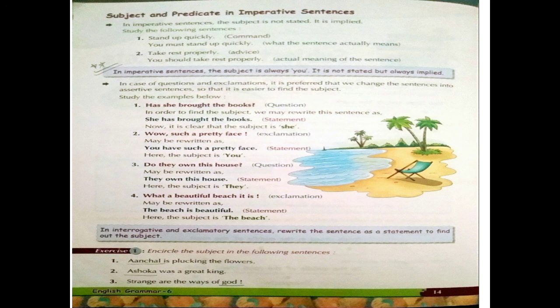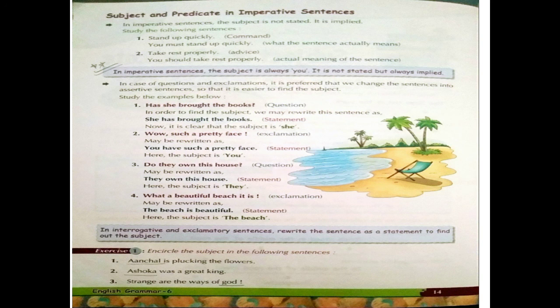They state something. So for example, if it is a question, "She brought the books?" This is your interrogative sentence. Now when we convert it into an assertive sentence, we will write it as "She has brought the books." So here "she" is our subject and "has brought the books" is our predicate.